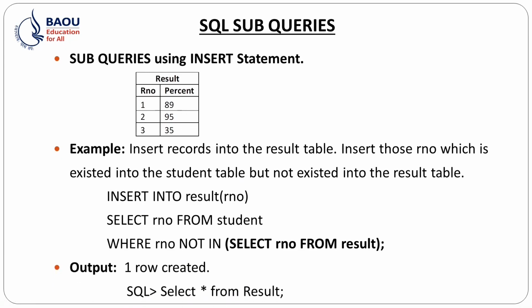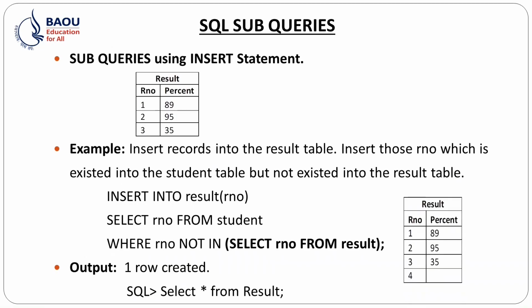The output will display roll number 4, which is inserted into the result table from the student table. The result table does not have roll number 4. That's why it is inserted from the student table.